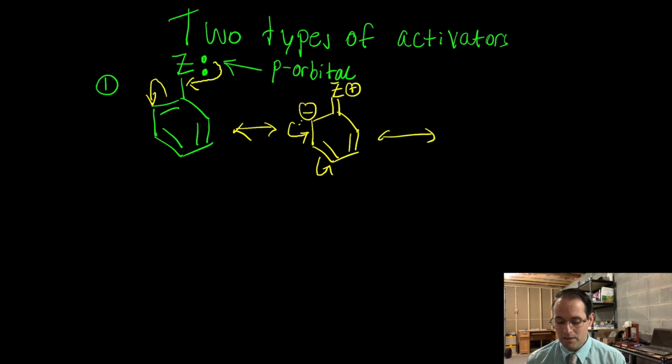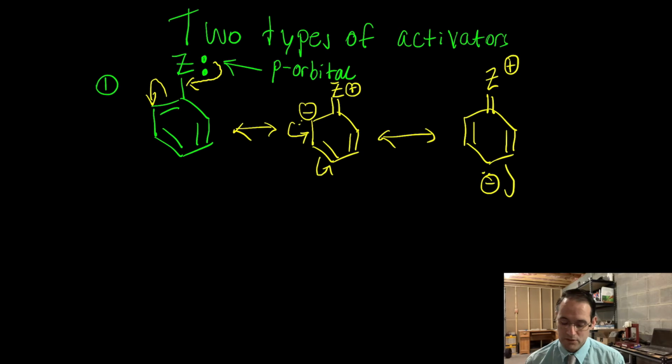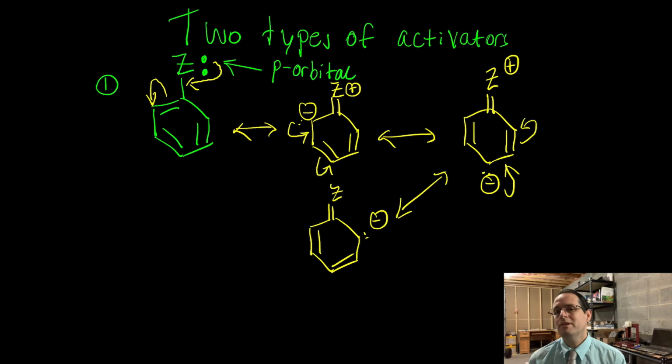And again, if you look at the negative charge is on the phenyl ring, okay? It's on the carbon here at the para position. And let's draw a third resonance structure here. So you have three principal resonance structures with a charge at the two ortho carbons and the para carbon.